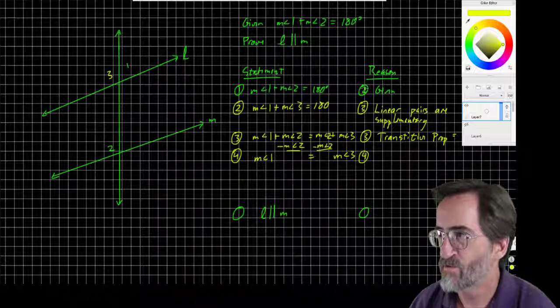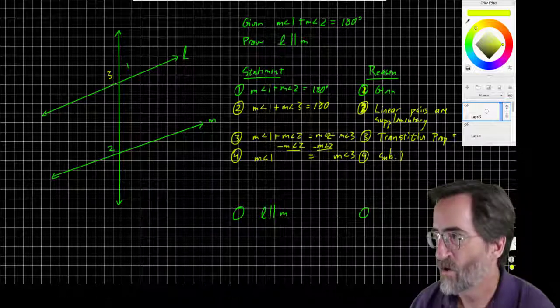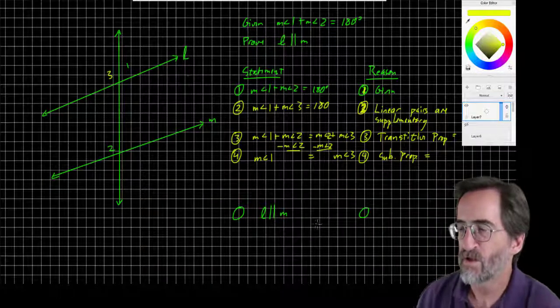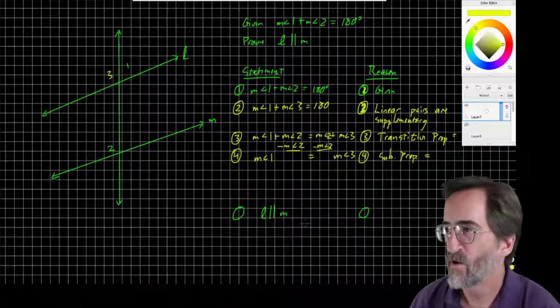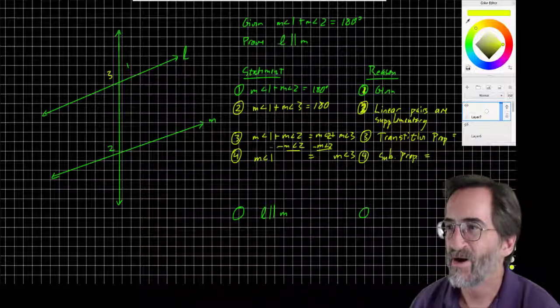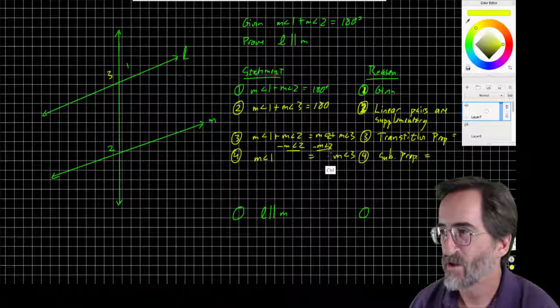And this is supposed to be 1, this is supposed to be 2. Okay, subtraction property, and feel free to use abbreviations in your proofs. Measure of 1 is equal to measure of, whoops, I messed up. 1 plus 2, 1 plus 3.